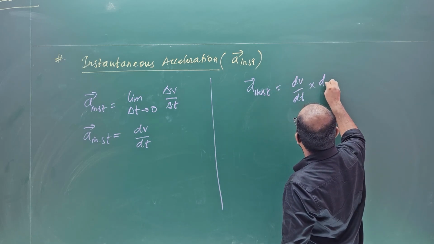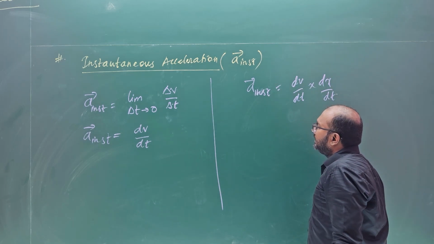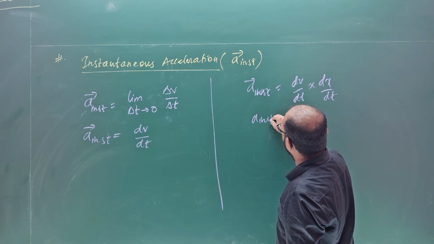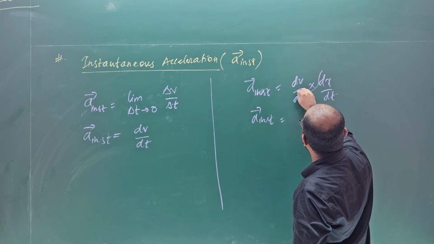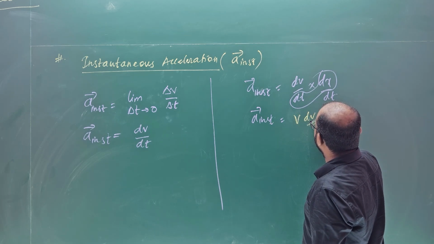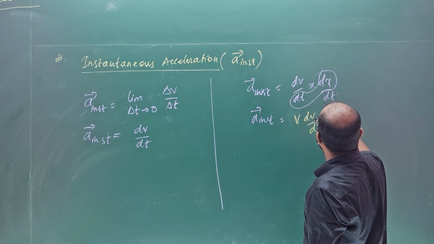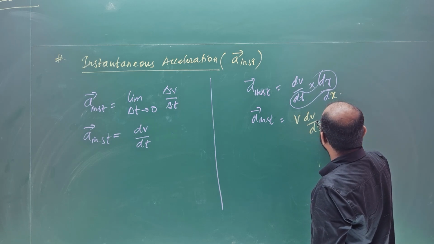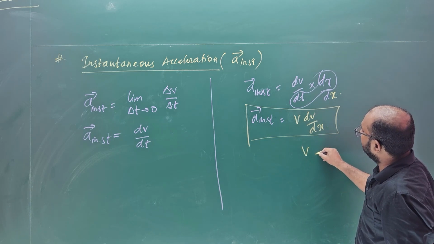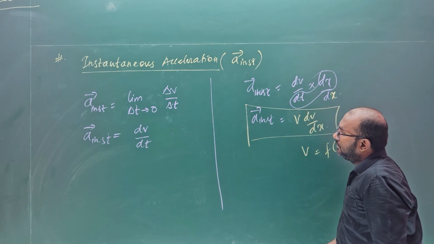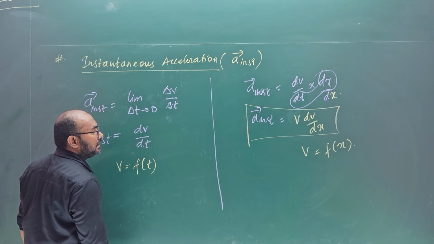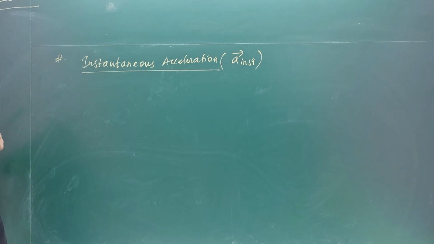If I multiply and divide by dx, then can I write A instantaneous as v dv upon dx? Here velocity is a function of x, and here velocity is a function of what? Time.